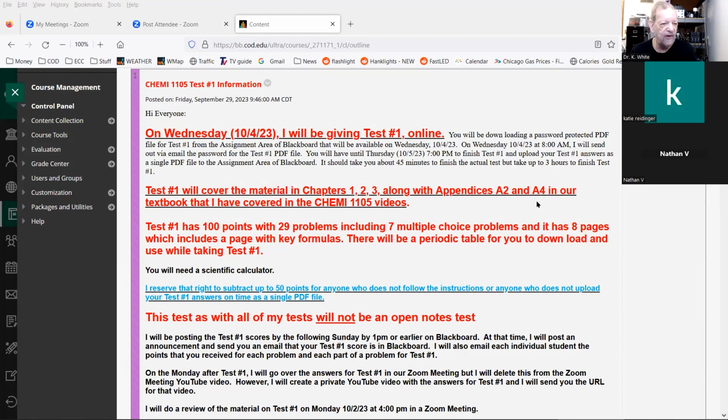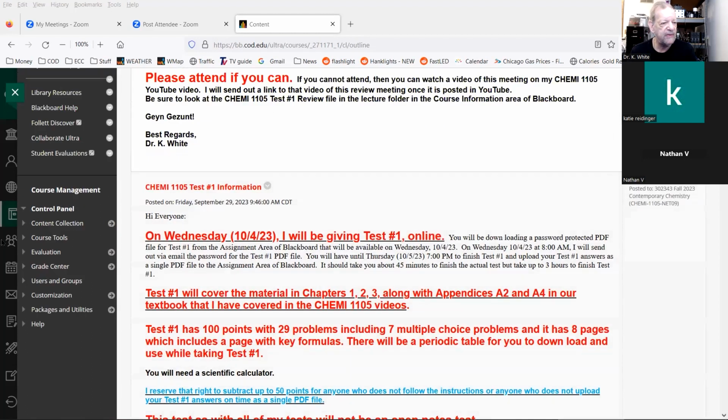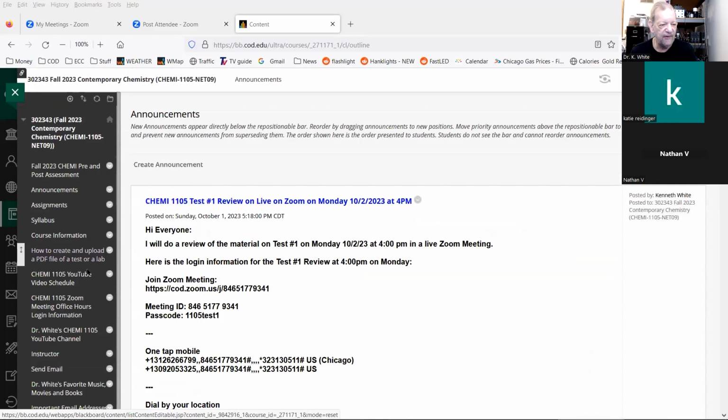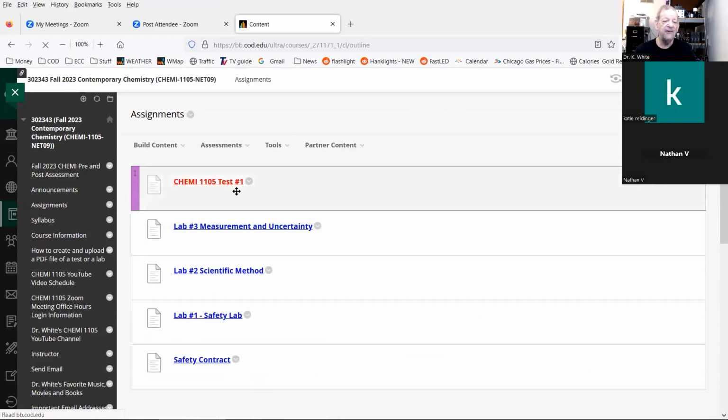You'll download it from the assignment area. This is my view, you can't see this yet, but you'll see there's test number 1.